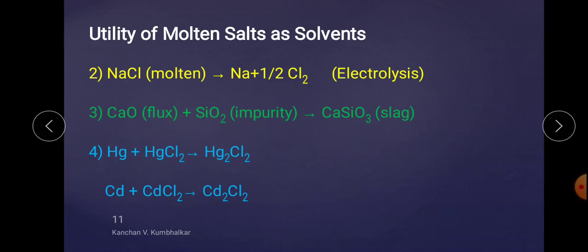However, the molten halides of zinc, cadmium, and Hg dissolve the corresponding metal to a small extent. Means Hg dissolves in HgCl2, Zn dissolves in ZnCl2, Cd dissolves in CdCl2. So the metal is dissolved to a small extent.